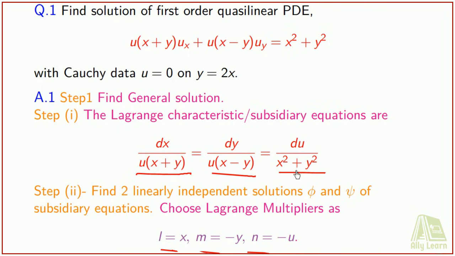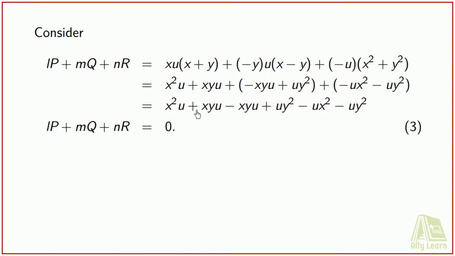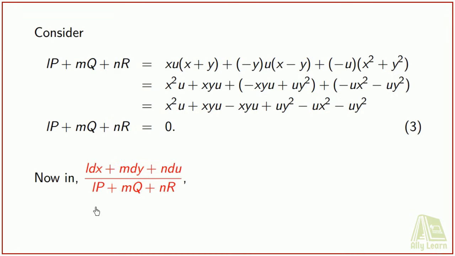So now I will be considering lP plus mQ plus nR. I just put the values over here. By taking the terms inside the bracket we get this, and opening the bracket we get this, and just cancelling out the terms, this and this one with this one, and this term with this one, we get this to be equal to 0. Now consider this ratio l dx plus m dy plus n du over lP plus mQ plus nR.